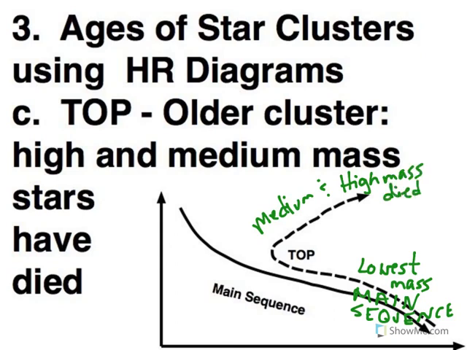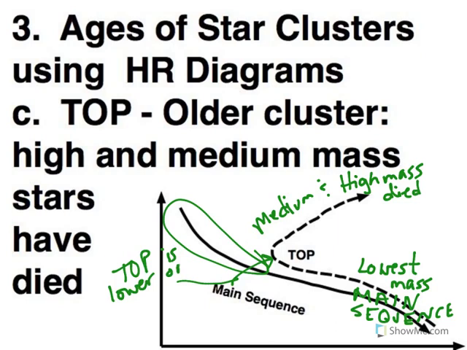So we don't see anything on this part of the main sequence. We have turned off partway down. So now we're dealing with a medium-aged cluster because our turnoff point is lower on the main sequence.